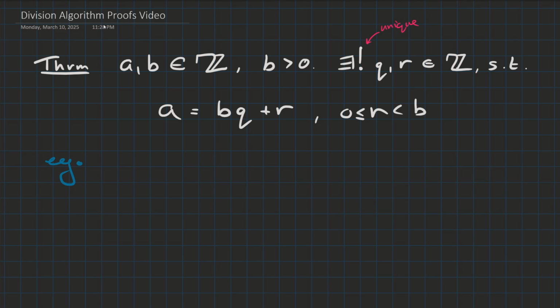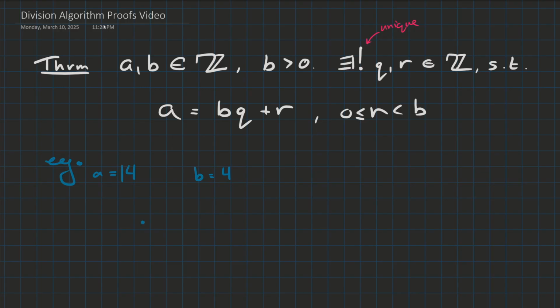So if I have the numbers 14, so we'll call a 14, and b is 4, then what I'm saying here is that I can write 14 as some multiple of 4 plus something.